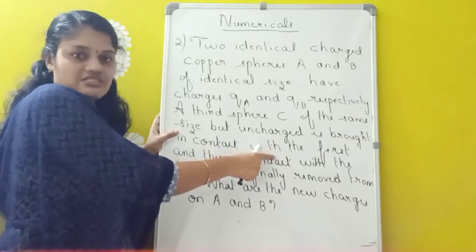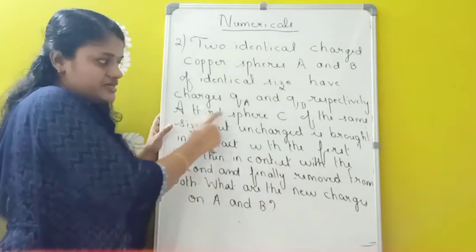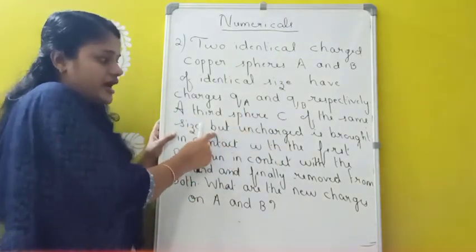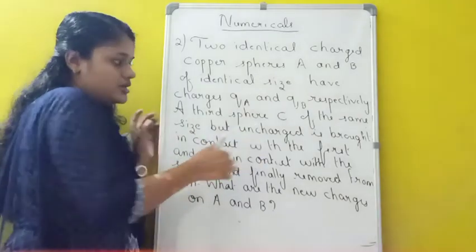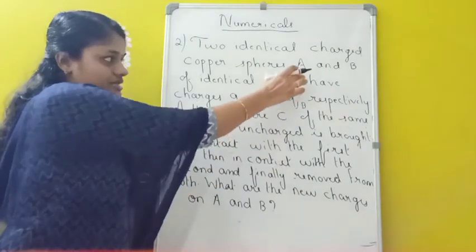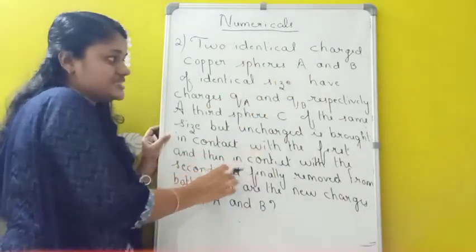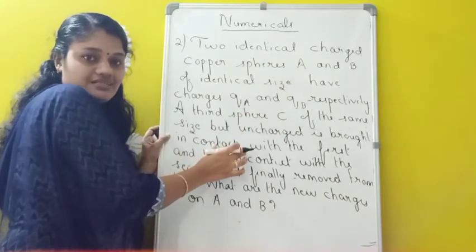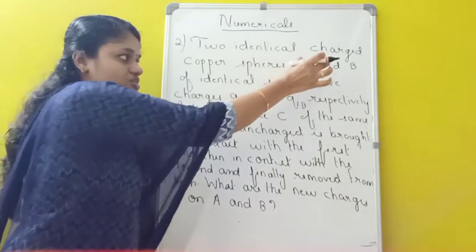So A is having a charge QA and B is having a charge QB, but this sphere C is uncharged, and this uncharged sphere C is brought in contact with which one? Contact with the first sphere. So first of all it is brought to the first sphere. That means it is brought in contact with A and then in contact with the second one. That means first of all we are bringing this sphere near to A and then we are bringing it near to which one?